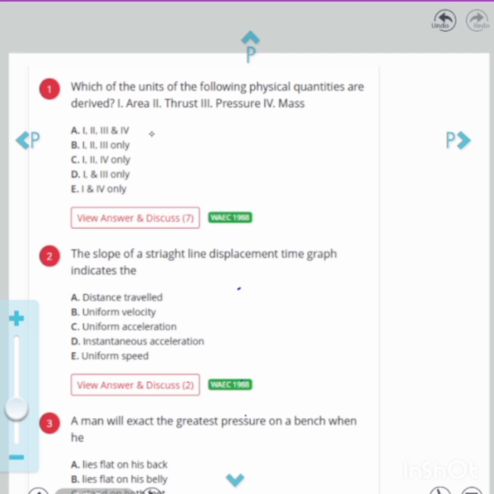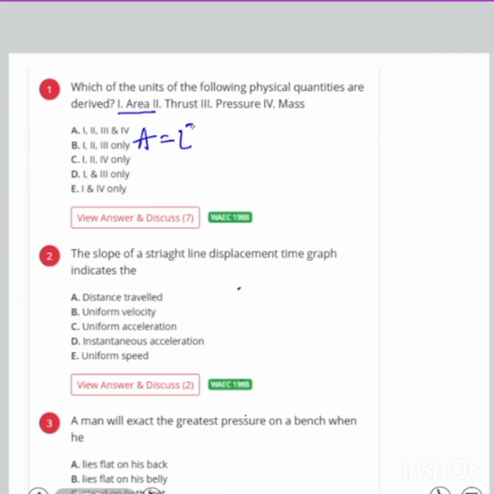Area in its dimension is given by L squared, in other words, length times length. And we all know that length is the distance between 2 points, and that exactly is a fundamental quantity. So area depends on fundamental quantity for its measurement and definition.